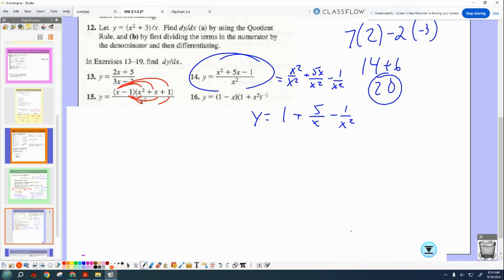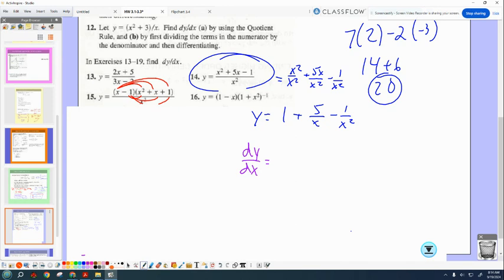So don't fall into that trap. People have said, wow, I did all these steps on the problem, I must be done by now. But you didn't answer the question. So what's the derivative of this function now?